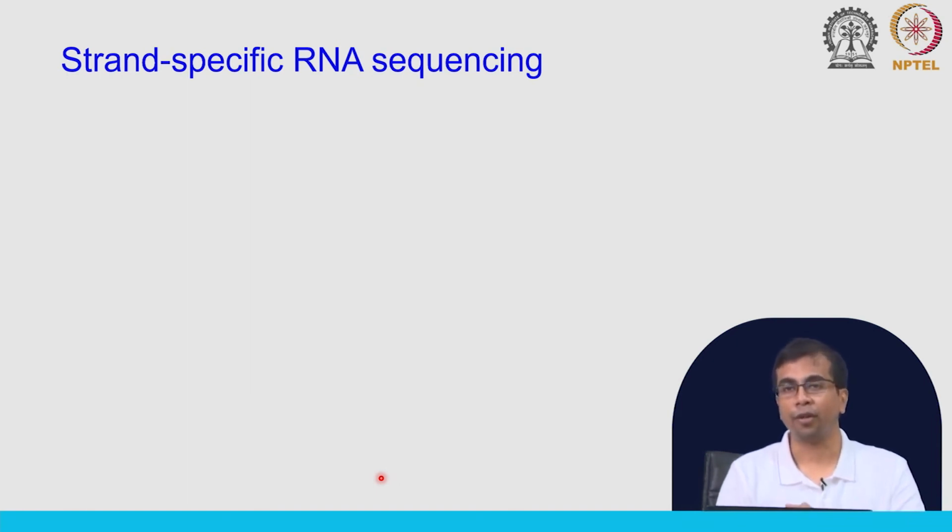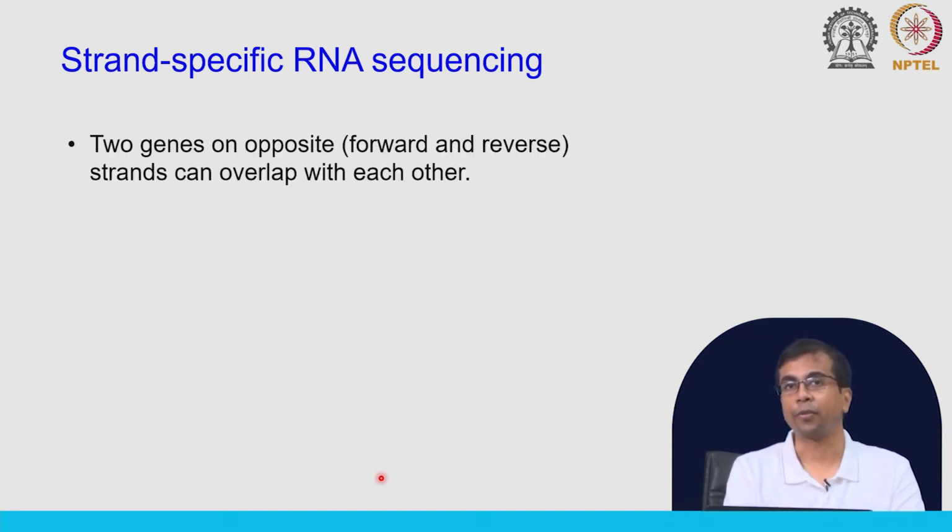So, you have the genome and two genes are on two different strands, but they still overlap. They will produce mRNA and that will be processed, and then you are doing the RNA sequencing. And after the RNA sequencing you get the data, you get some reads, and they map to these overlapping regions.